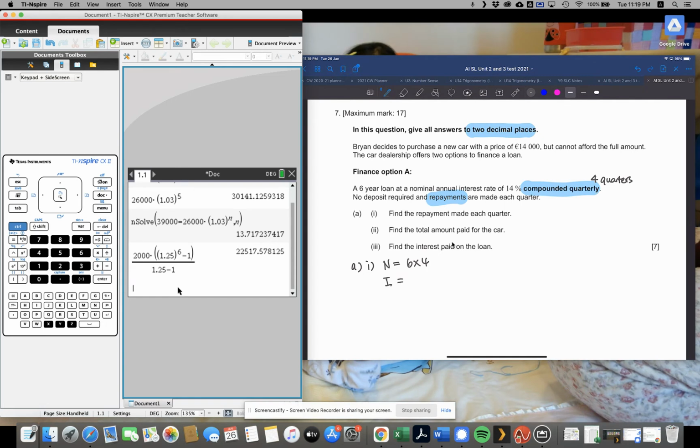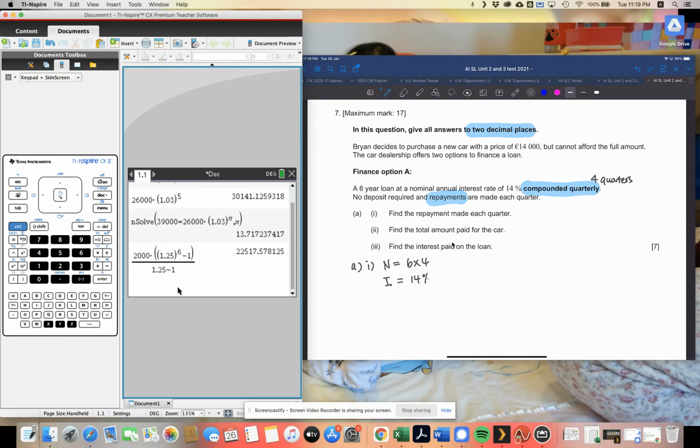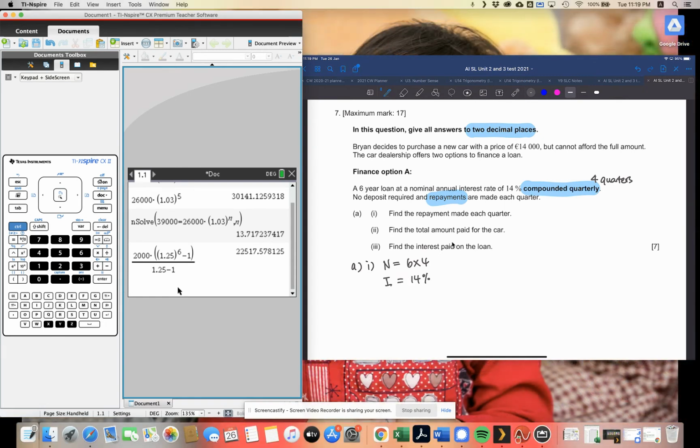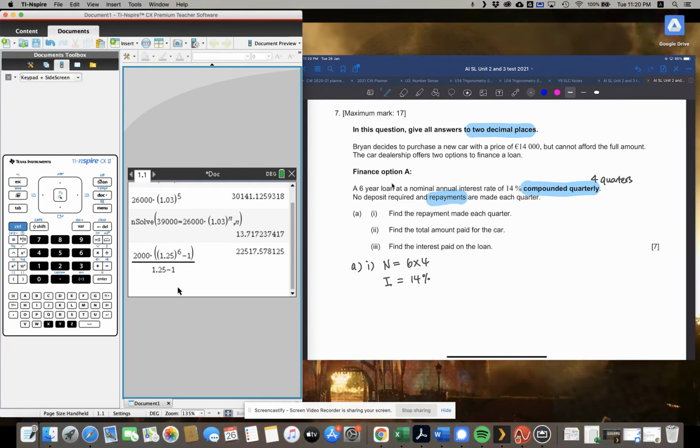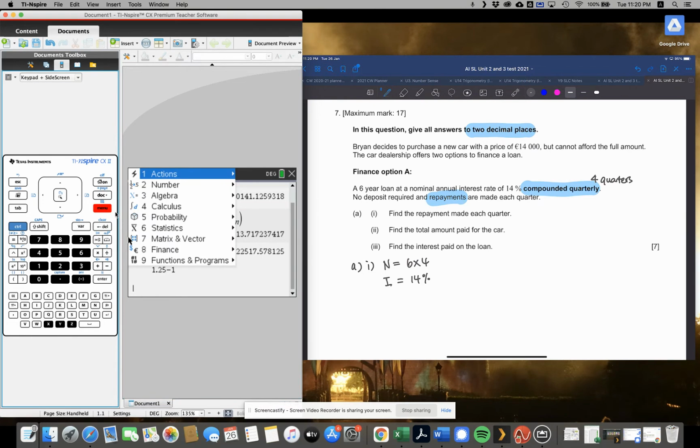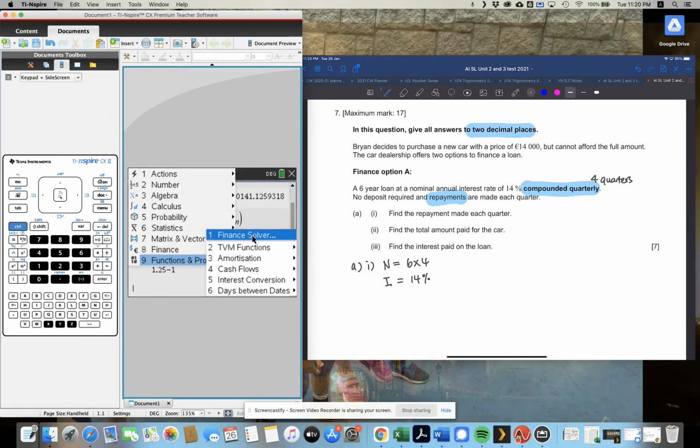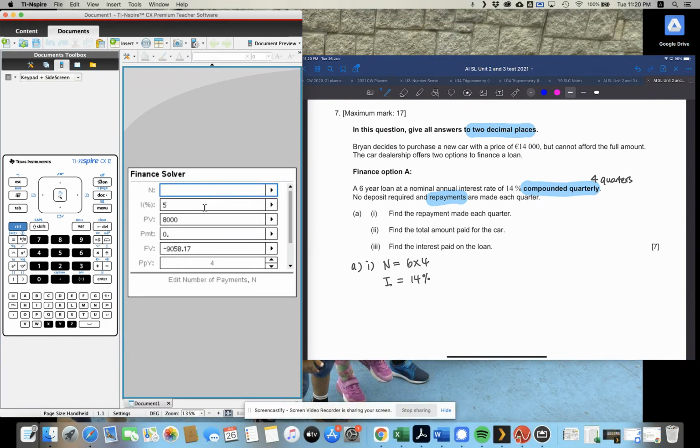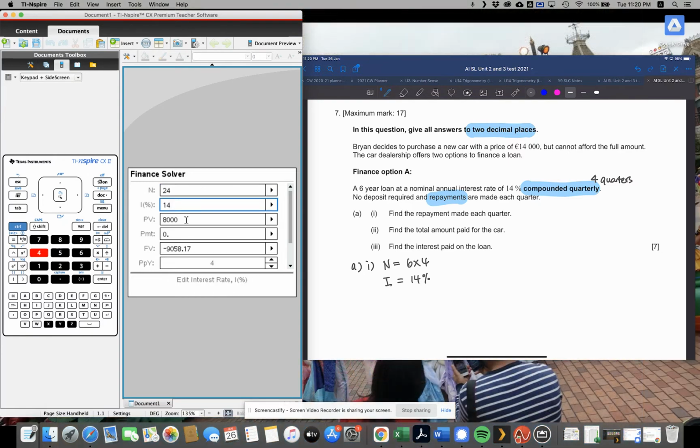Interest rate is 14%, so you can enter 14. Now, I'll bring up the app and let you think about it for a bit. So clear this out. We need 24 here. This is 14.